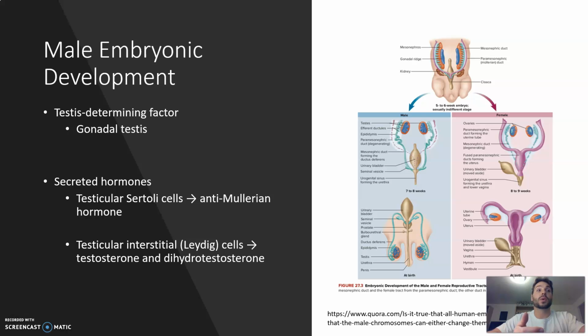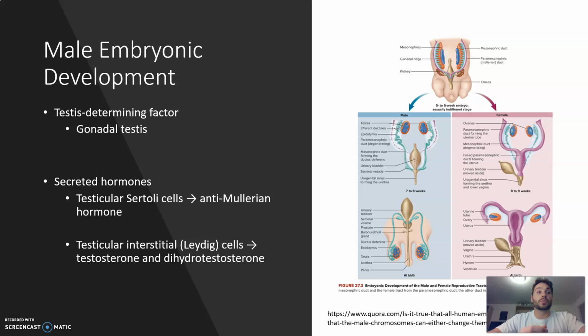Once testes are recognizable, they begin to secrete specific hormones. The testicular Sertoli cells secrete the glycoprotein anti-Müllerian hormone. The testicular interstitial Leydig cells secrete androgens. This includes testosterone and dihydrotestosterone.